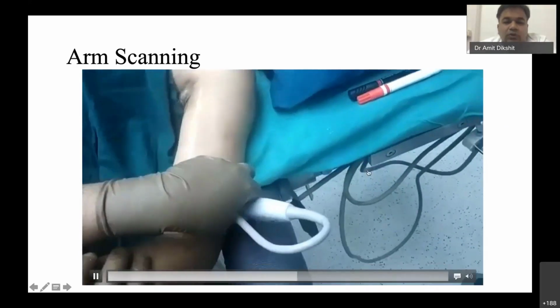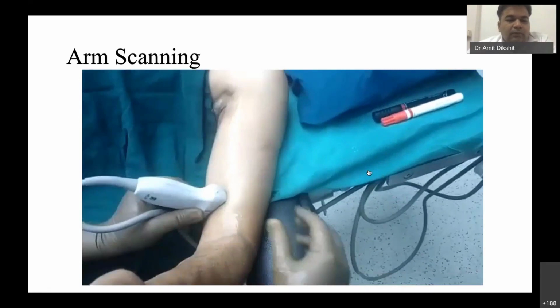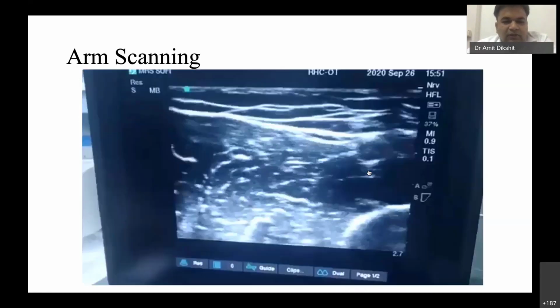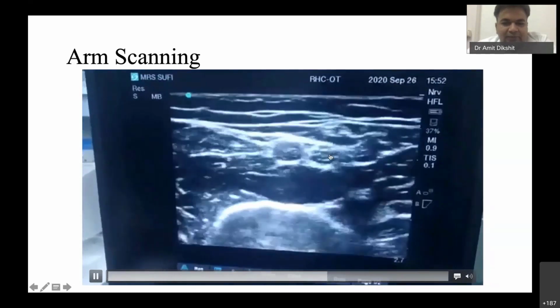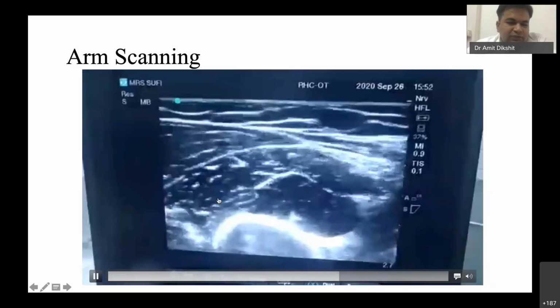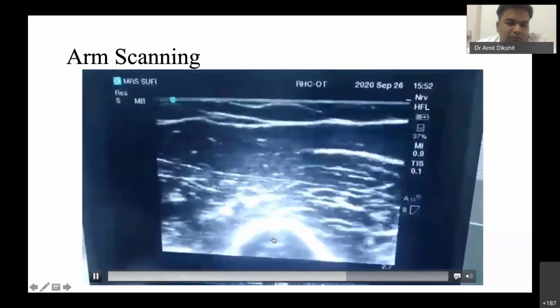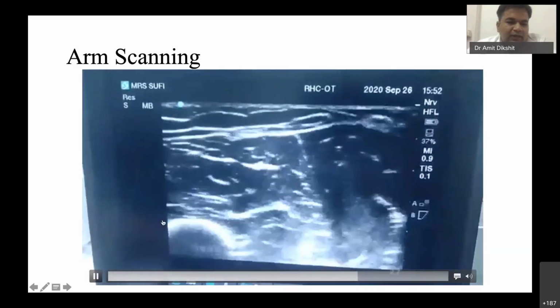So you need to know, and depending on the type of surgery, whether you want to block a given muscle, you can decide. So this is the artery, and by the side is the median nerve. Now I'm moving my probe laterally. You can see the probe just above the humerus, and you keep on scanning more on the lateral aspect.